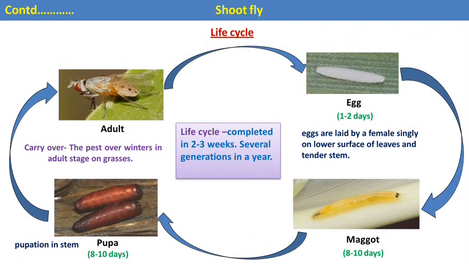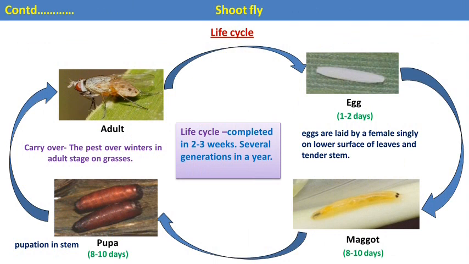But in the case of a dipteran insect, the larval stage is called a maggot. A maggot is a legless larva. In a lepidopteran pest, there is a caterpillar, and the difference between the caterpillar and the maggot is only in their legs.